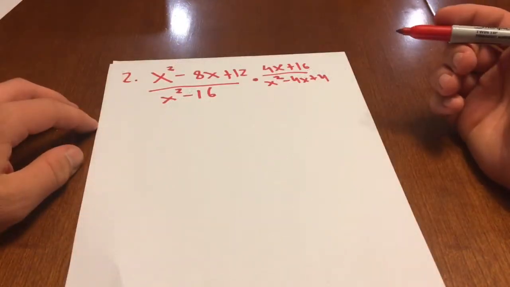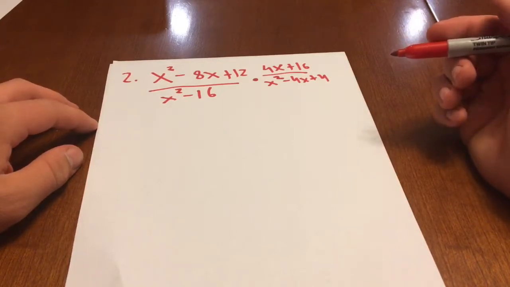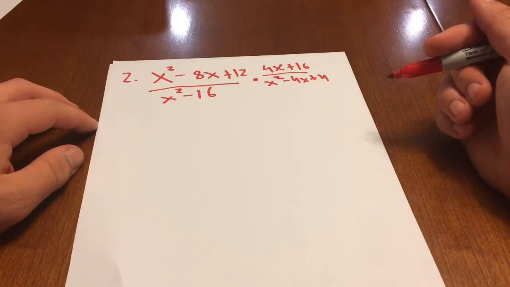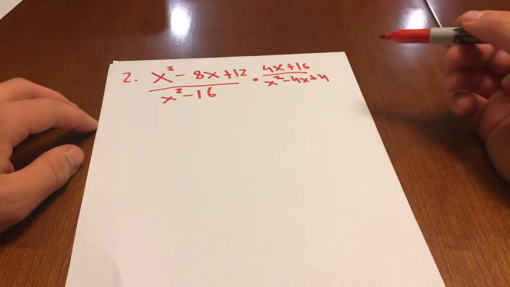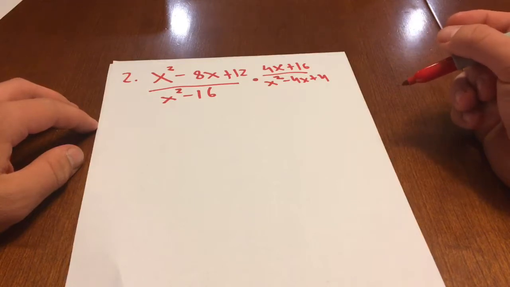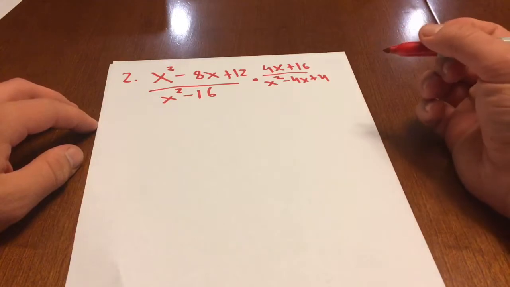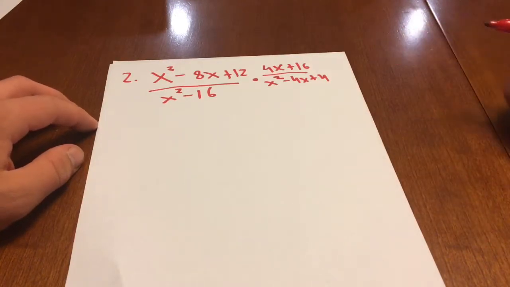Okay, for the second problem, we have x squared minus 8x plus 12 over x squared minus 16 times 4x plus 16 over x squared minus 4x plus 4. So first, again, we need to make sure we factor everything completely or find the GCF.